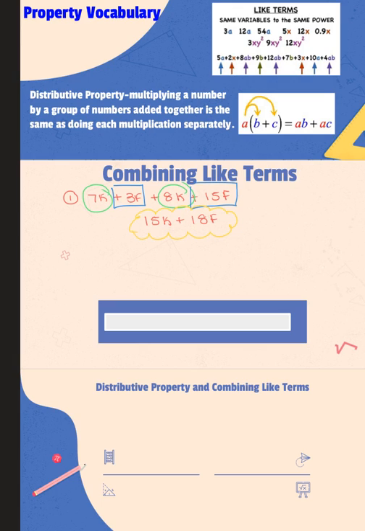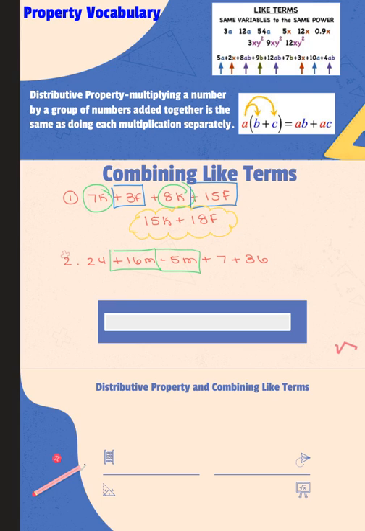All right. For the second example, I have 24 plus 16m minus 5m plus 7 plus 3b. So again, I'm going to go through. I see that I have 16m, so I'm going to go ahead and box that.